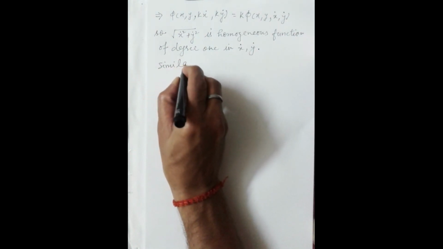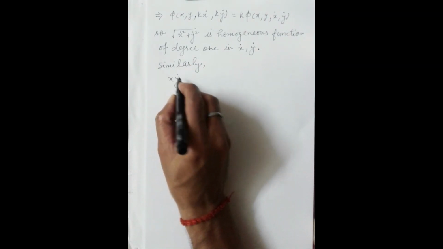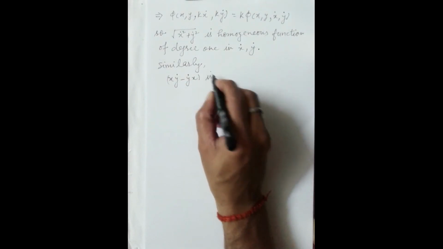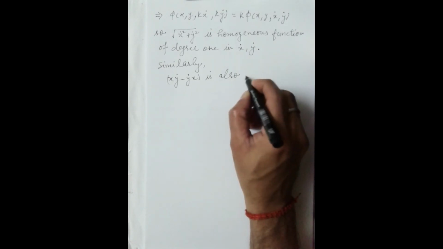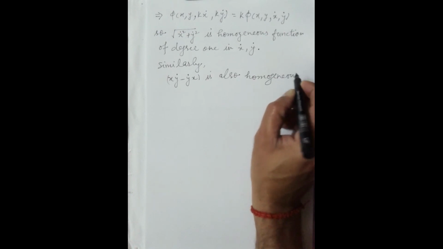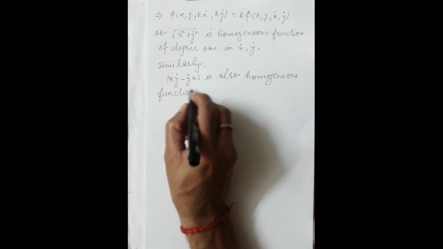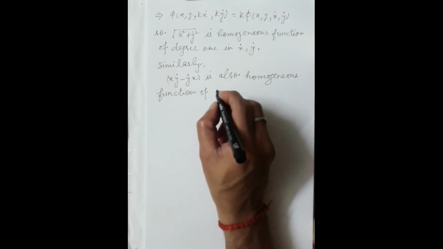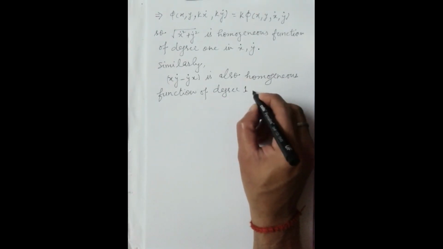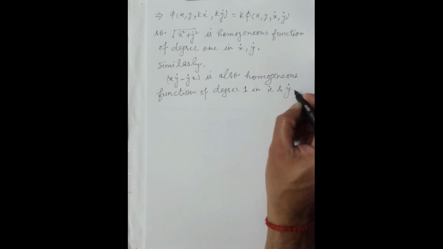Similarly, x y dot minus y x dot is also a homogeneous function of degree 1 in x dot and y dot.